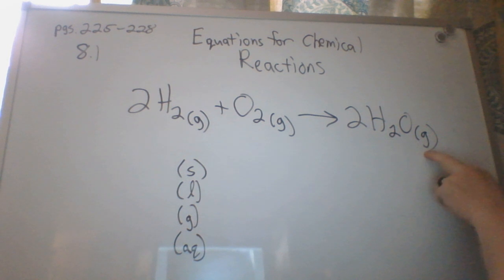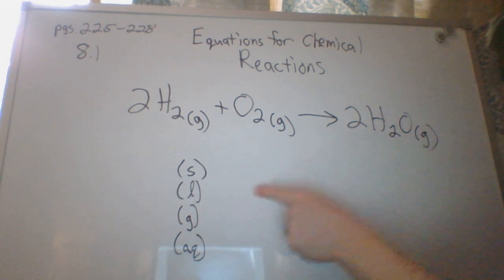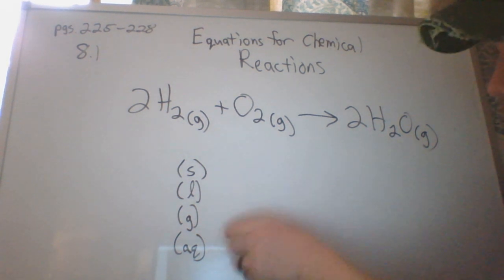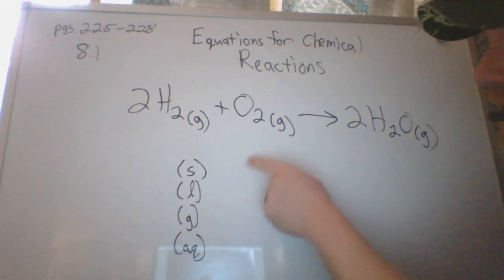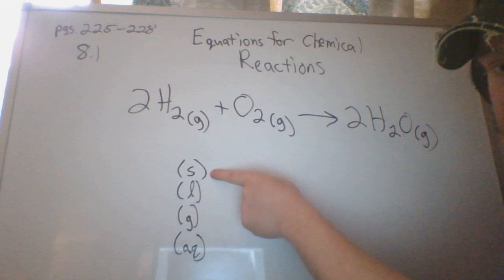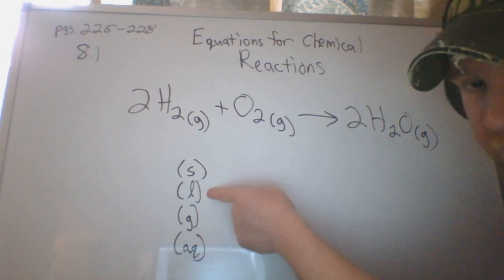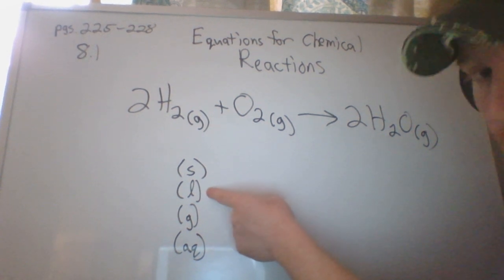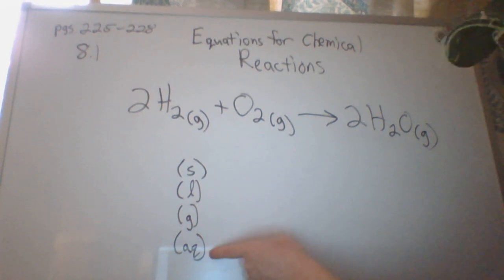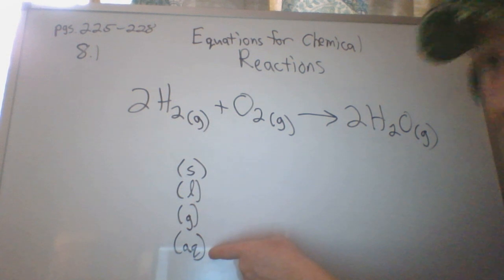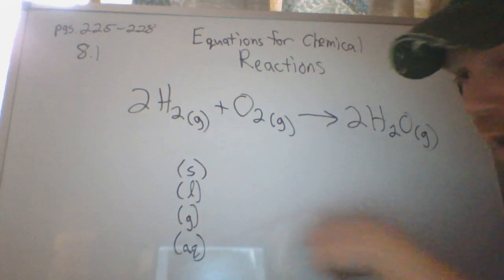And water, in this particular case, is also a gas. Down below here, I've written what you'll commonly see accompanied after each particular chemical. S, of course, is solid. L, I write as a sort of cursive L, so you know it's not a 1 or something like that. Liquid, G is gas, and AQ means aqueous. It is dissolved in water.